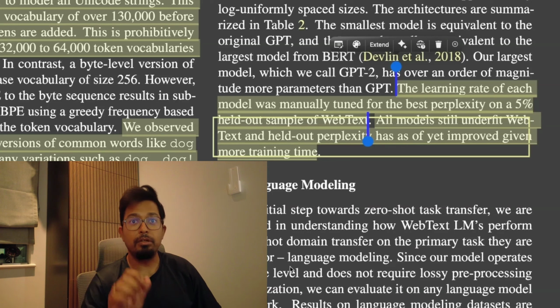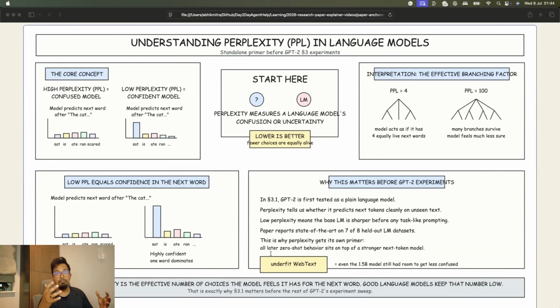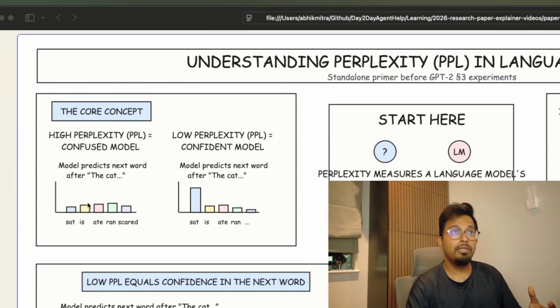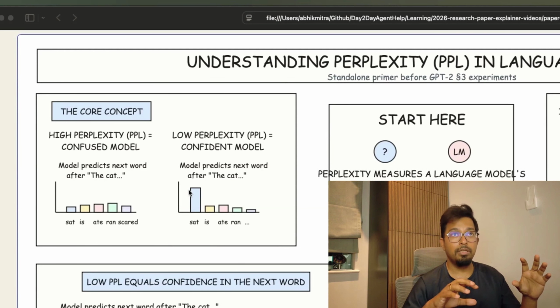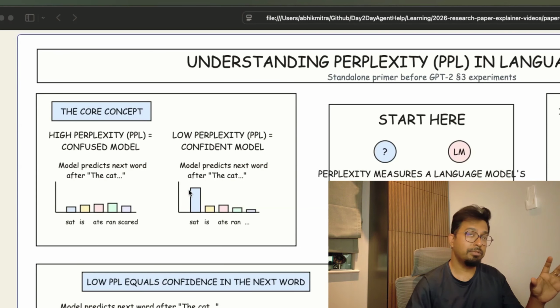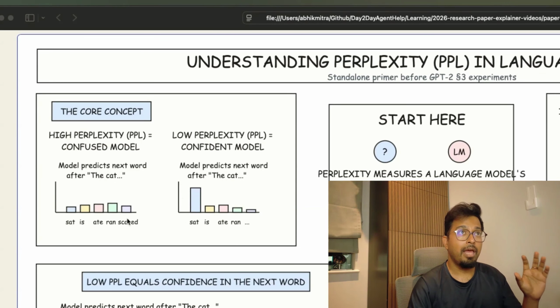I'll show you a graphic so that we understand perplexity well. Perplexity measures how confident the model is at predicting the next word. If the starting two words are "the cat" and the model is very confident that "sat" is the next one, we are going to clearly see the difference between the probabilities of the rejected words versus the higher one.